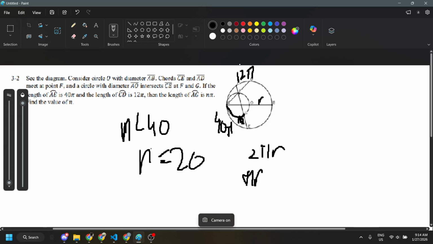You can find this length, that's 1/2 r. And then maybe you can use... no, that's not 1/2 r, what am I talking about?